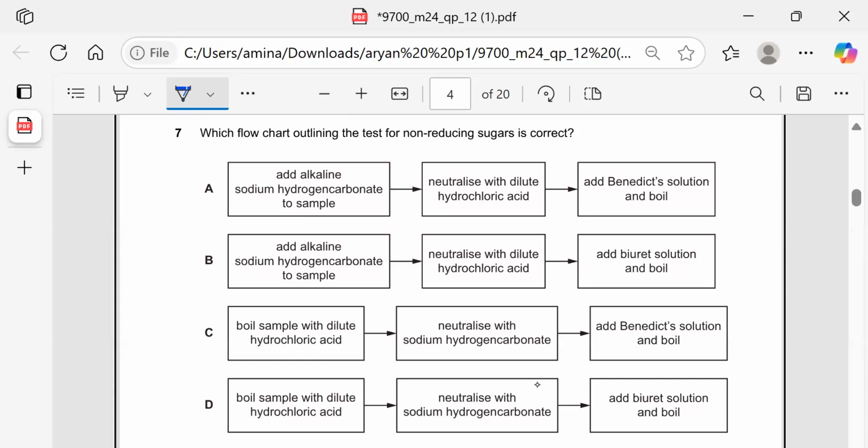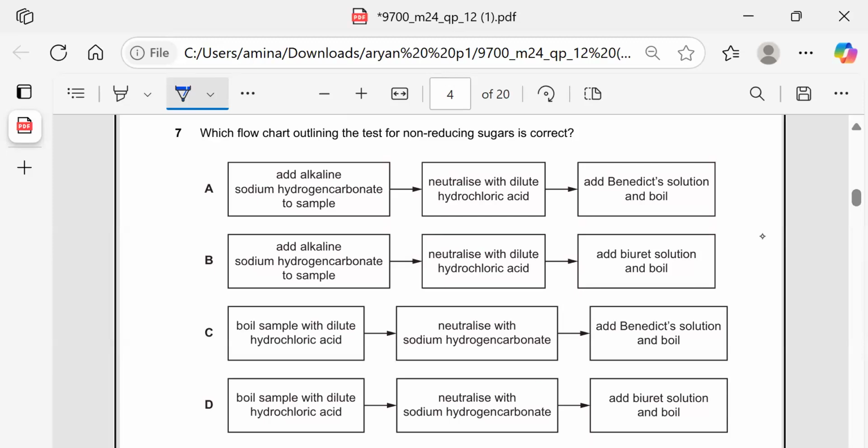Which flow chart outlining the test for non-reducing sugar is correct? For that also, we need to work out whether we can differentiate between reducing sugar and non-reducing sugar. We define reducing sugars as all monosaccharides and disaccharides except sucrose.